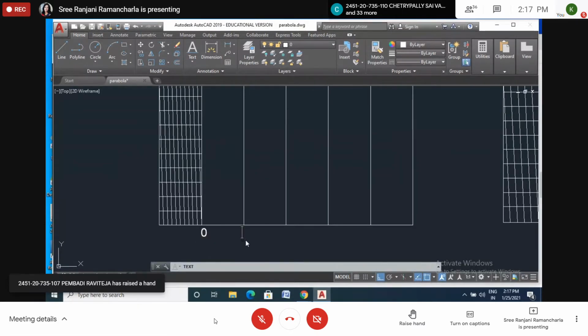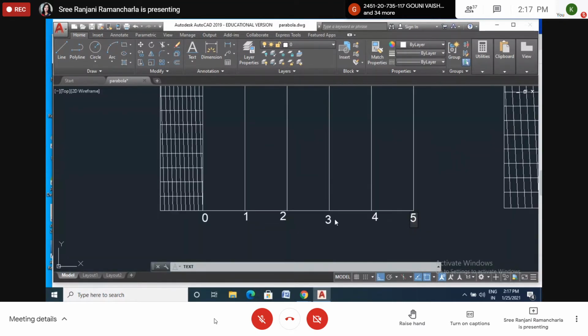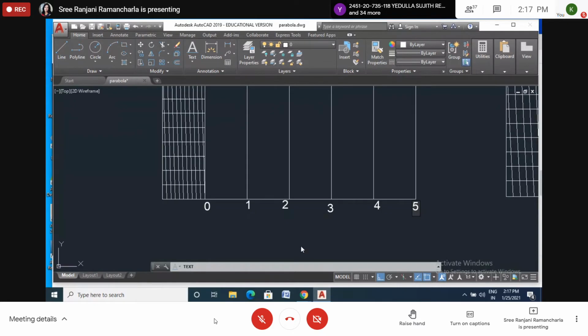Here 1, 2, 3, 4, and 5. What are these 1, 2, 3, 4, 5? Meters. Yes, meters. So write it here immediately, meters.